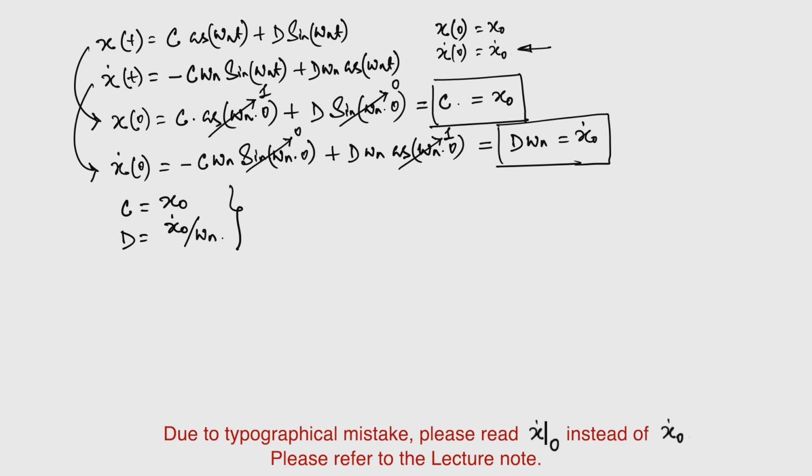So, these are the two constants, and the solution is x of t is equal to x naught, that is C, cos omega n t plus d, which is now x naught dot divided by omega n times sin omega n t. So, that is the solution.